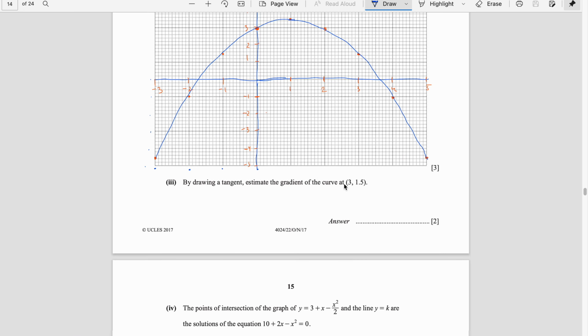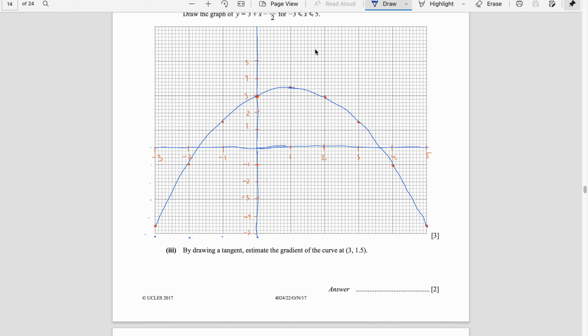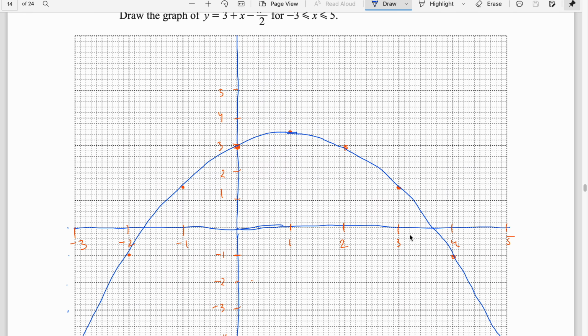There you go. By drawing a tangent, estimate the gradient of the curve at x is 3, y is 1.5. So you have this. This is x 3, y is 1.5. At this point, place your scale in such a way that it just touches this 1 point. Please allow me a rough line.